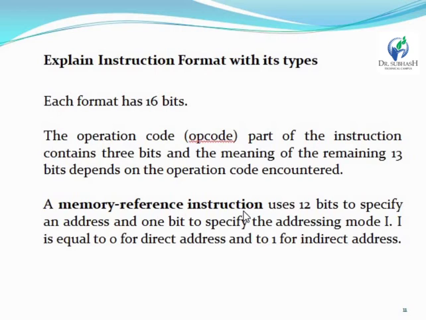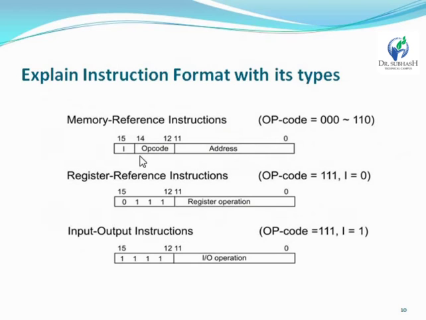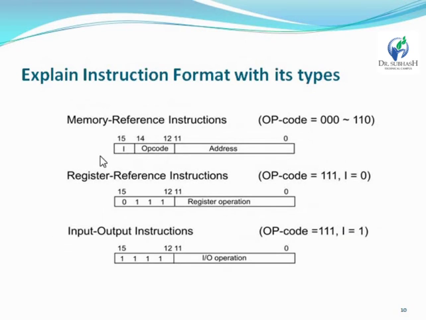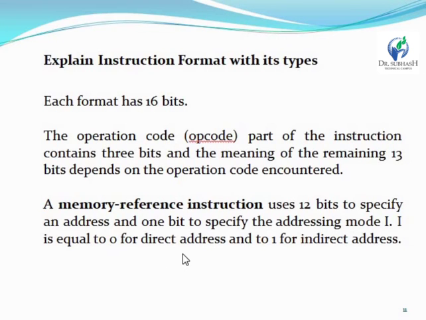A memory reference instruction uses 12 bits to specify an address. In a memory reference instruction, the 12 bits are the address bits and the address mode is I. I indicates a direct address or an indirect address.